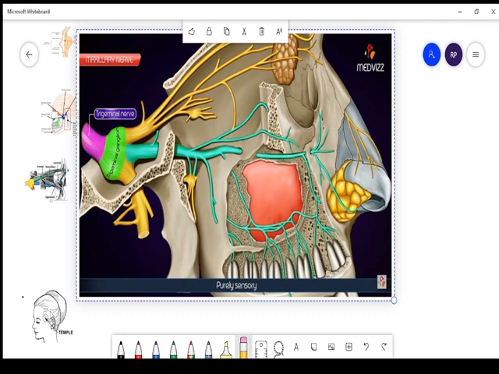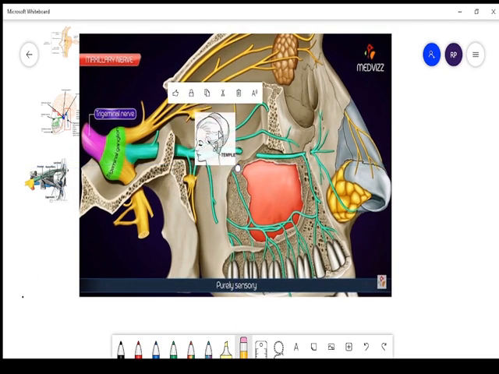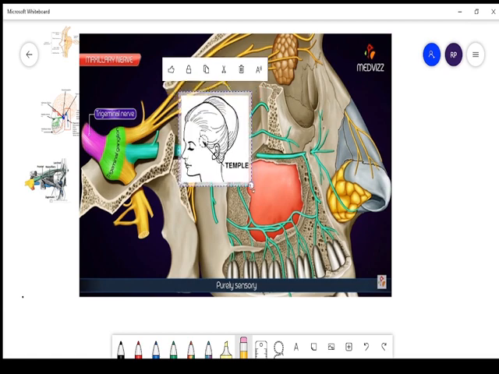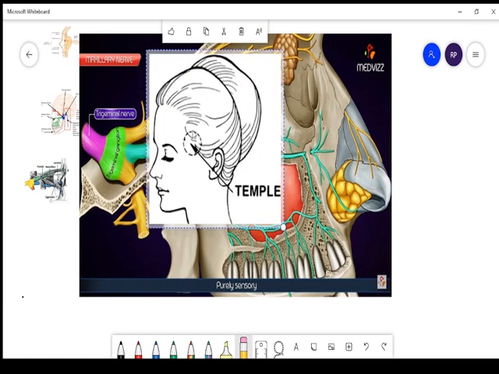Then what is the temple region? You see, this portion is the temple. This part is the joining of the skull bones: frontal bone, parietal bone, temporal bone. They join here and this is known as the temple. And the zygomatico-temporal branch supplies the skin of the temple.